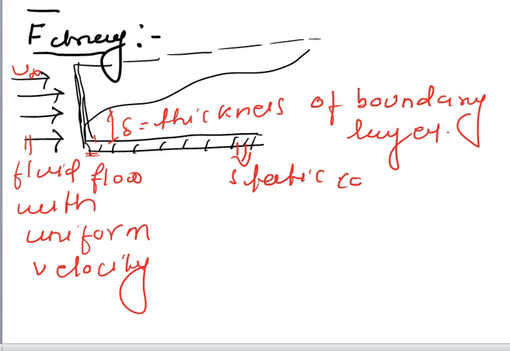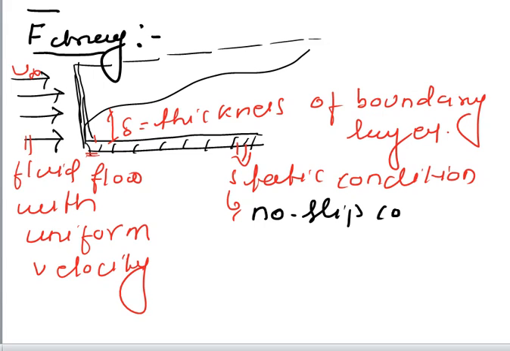By application of the no slip condition, the velocity of the bottommost layer tends to zero with respect to the surface.